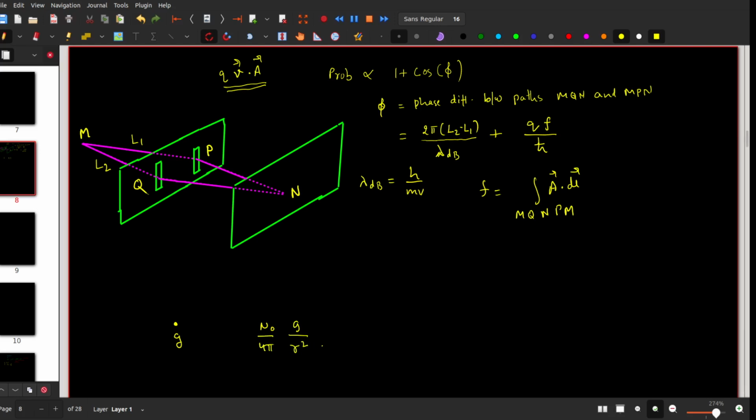This is the magnitude of the magnetic field that it produces, and it is a radial magnetic field because it is a monopole.